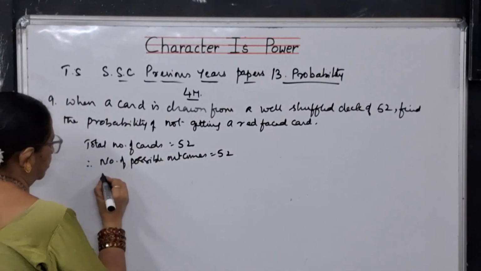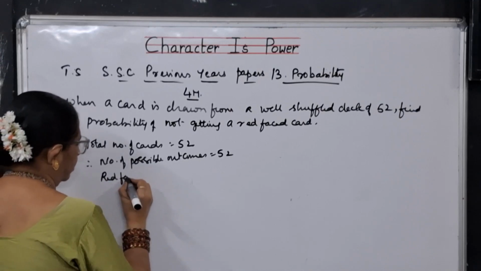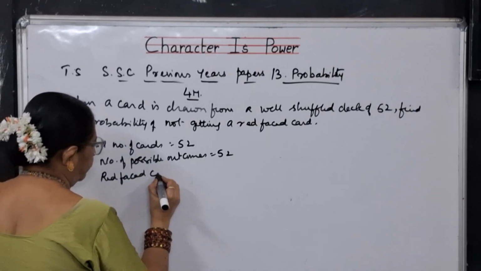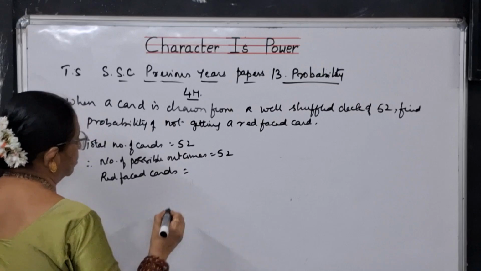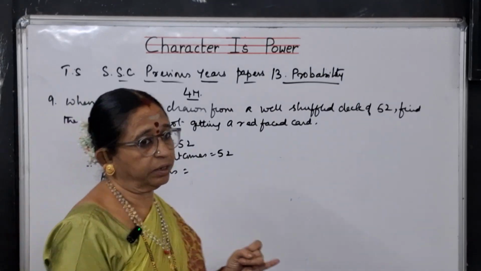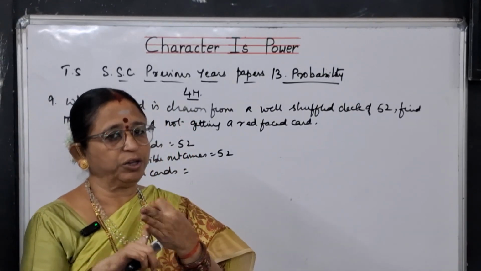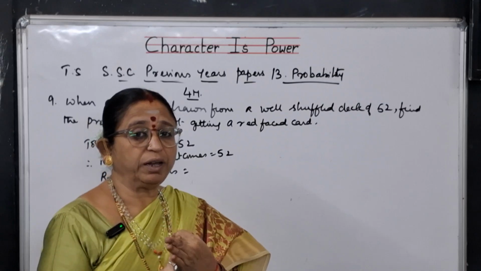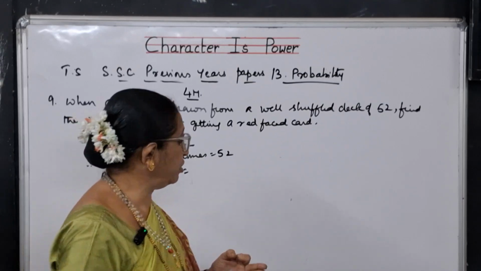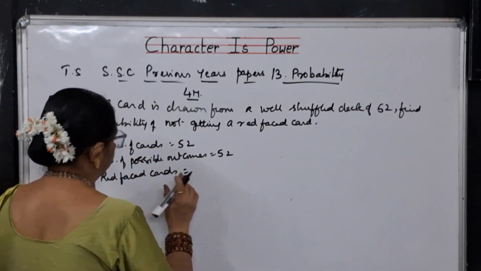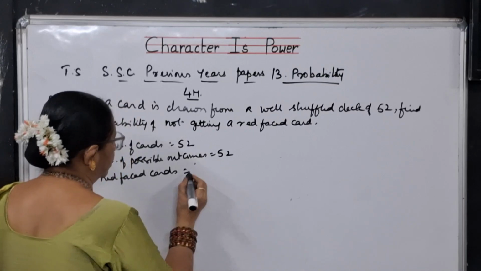Now let us first write red face cards. Face cards are J, K, Q. So how many are red?